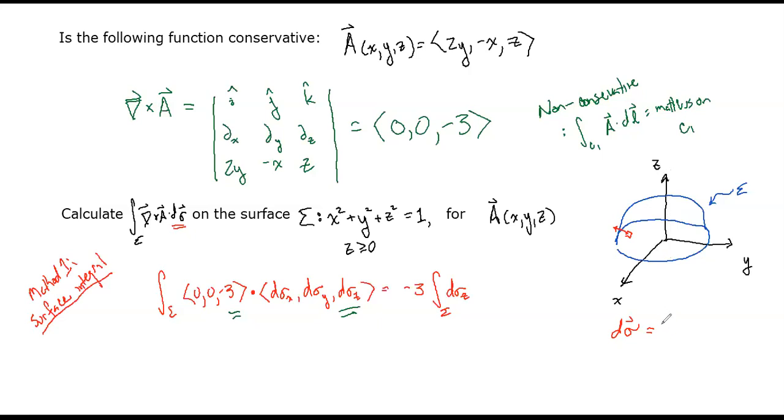Okay, there are two parts of this, right? There's the actual area, and then there's where it points. The where it points we'll kind of leave, because maybe we don't need a full answer. We just need to know how much of it points in the z direction.